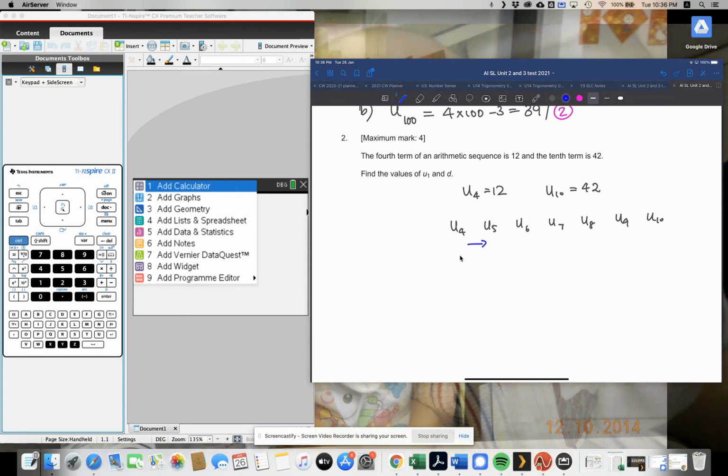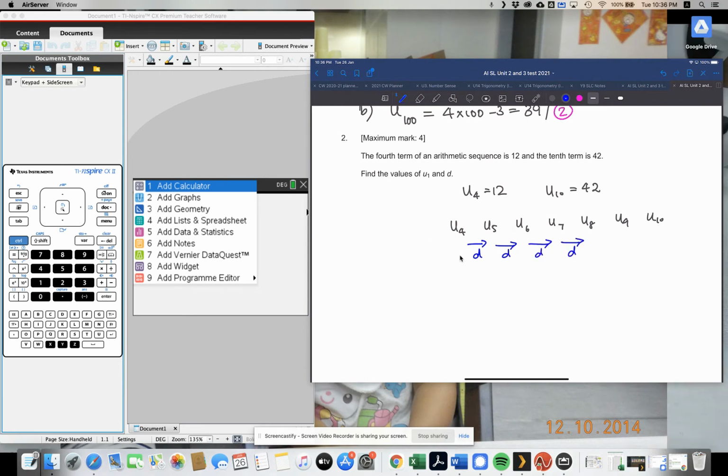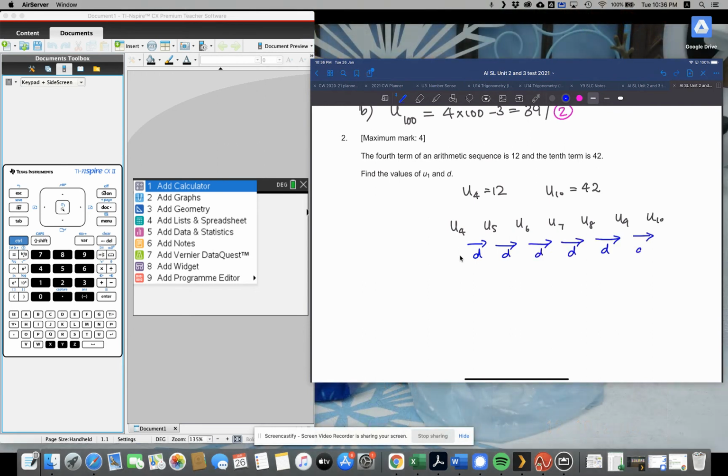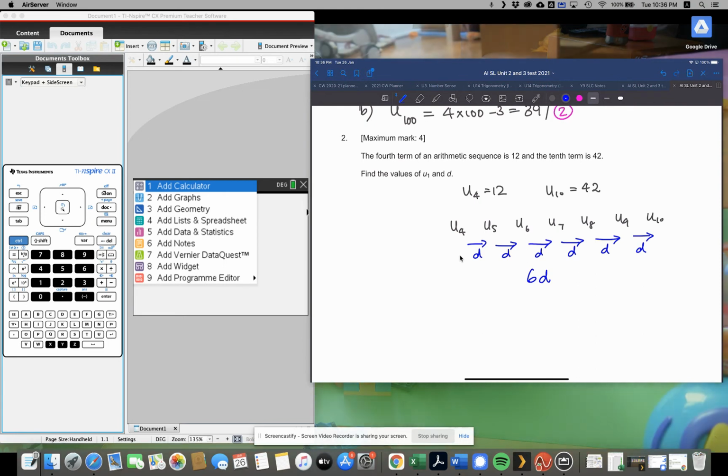You need to add 1D, 2D, 3D, 4Ds, 5Ds, 6. So that's equivalent to 6D, 6 common difference, for you to get from term 4 to term 10.